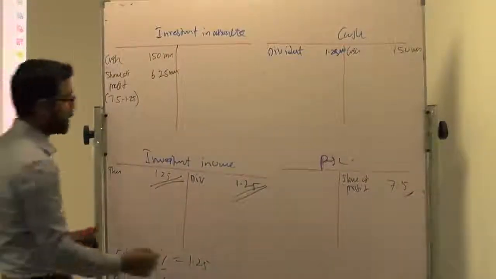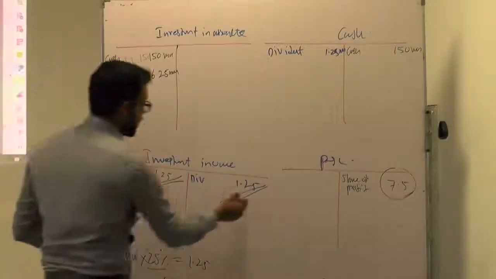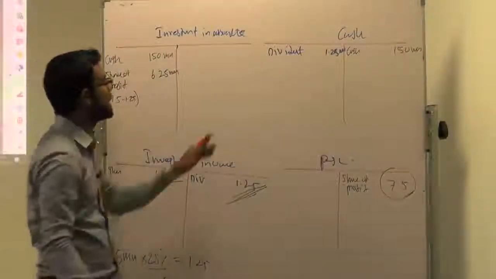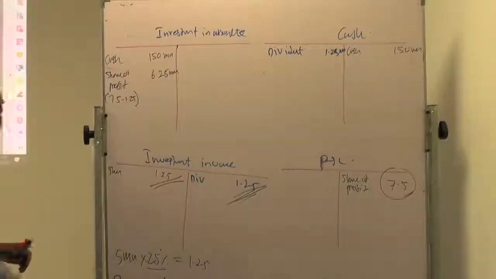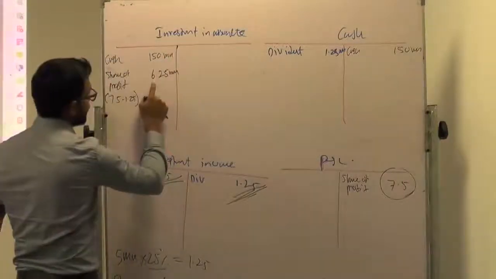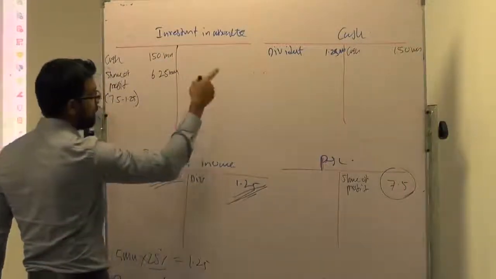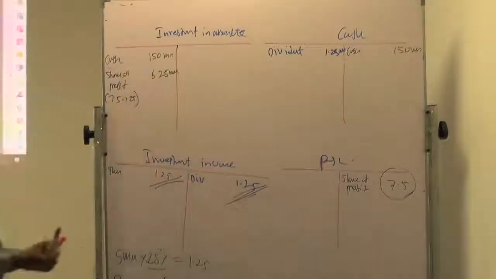Why? Because you have already taken share of profit of 7.5 million; keeping investment income here would double count. You have received the dividend in cash, which is already in cash. So this is the simple equity method of accounting.